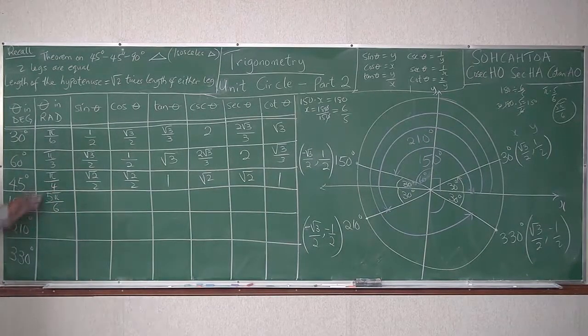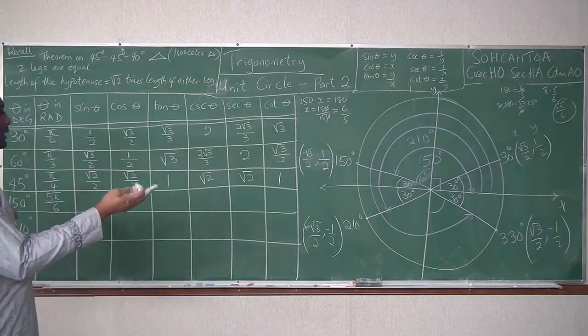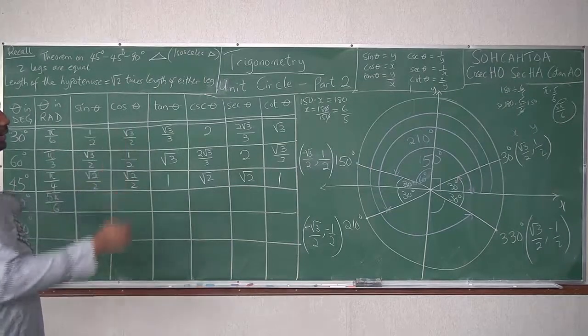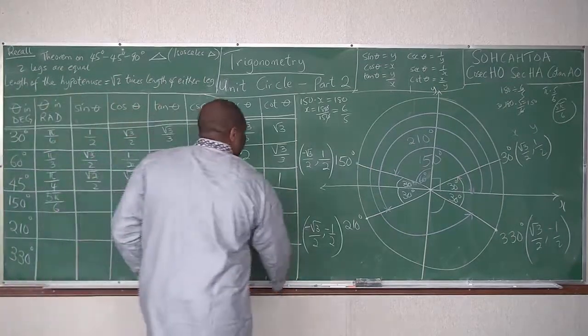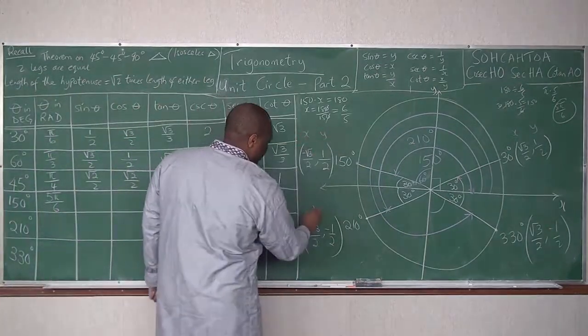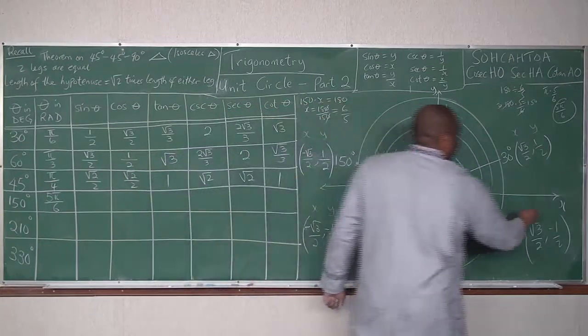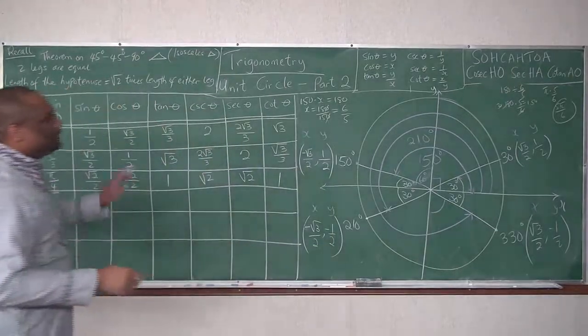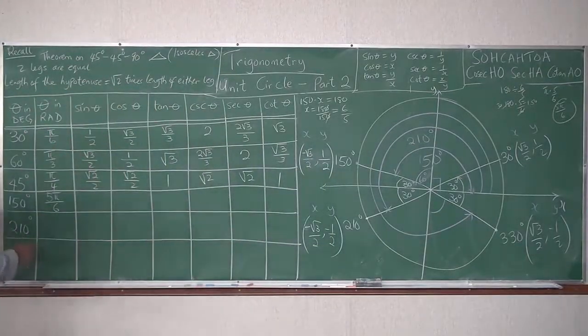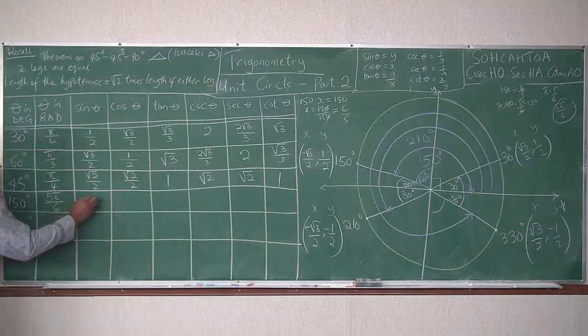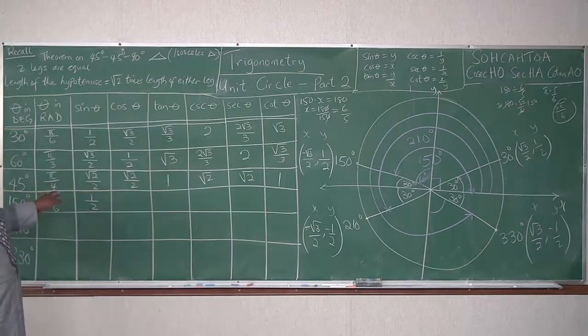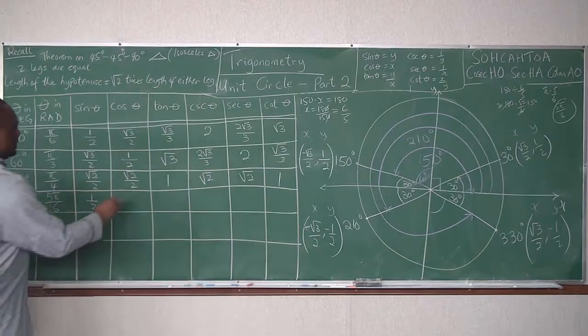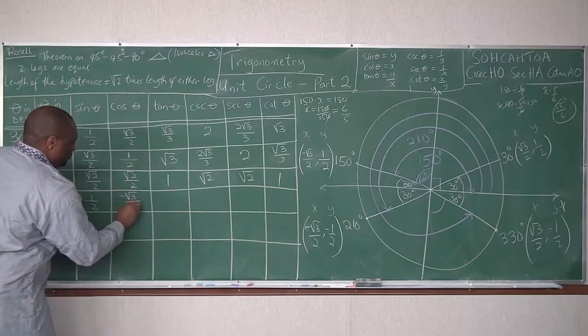Sine 150 is what? Remember, this is our x, y. Sine 150 is y, so this is 1 over 2. Cos 150 is x, which is negative root 3 over 2.